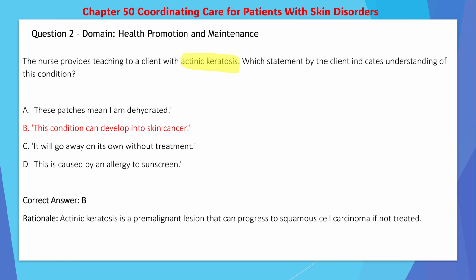You might get confused with this one, or maybe with the A. So actinic keratosis is a pre-malignant lesion that can progress to squamous cell carcinoma if not treated.